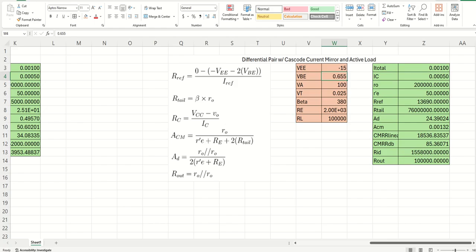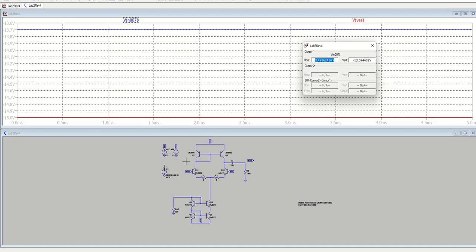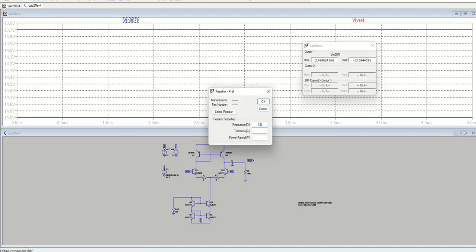That's how I come up with a VBE of 0.655. So if you want your reference to be a little bit more accurate for the simulated version, or for the actual, if you were building the circuit, you would want to use the actual voltage drop. So doing the calculation for RF, I get 13.69K ohm. So then I would just do 13.69K.